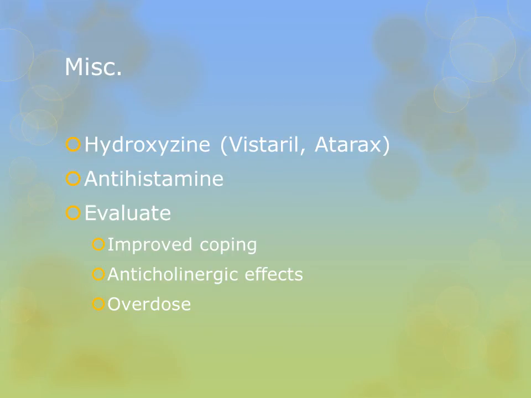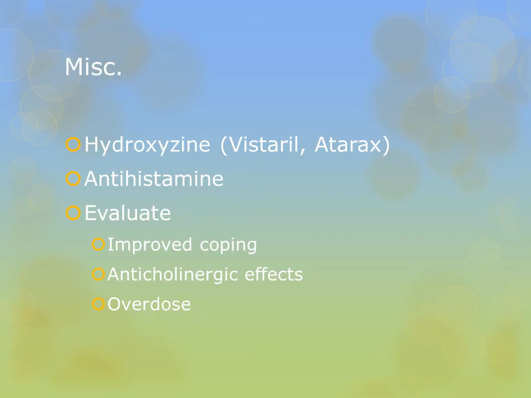Signs of overdose, again, are typically going to be slurred speech and dizziness, and that just says we need to back off. It does interact with other central nervous system depressants, so it's not a good idea to ever take an antihistamine with alcohol, or with a barbiturate, or even with an opioid or anything else.